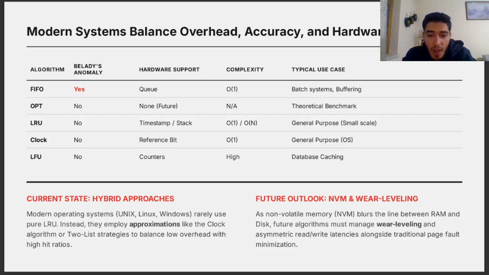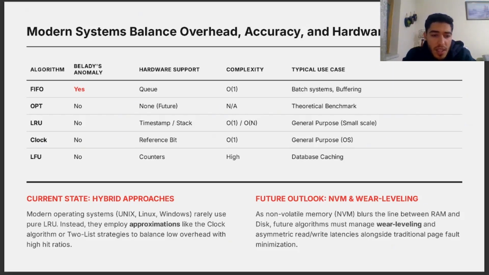It's only theoretical, and we can use it for benchmarking. Also, we have the least recently used. It's very good but expensive to implement. And the clock is the most practical and is widely used in operating systems. The least frequently used is useful in some database systems.